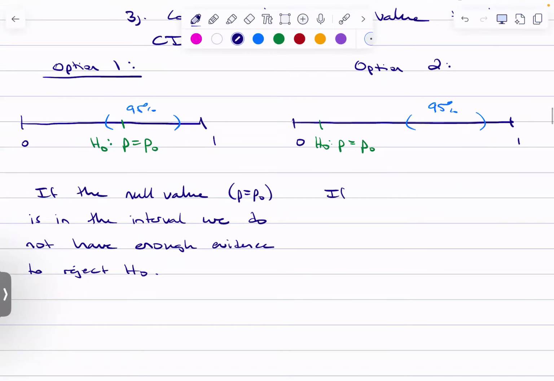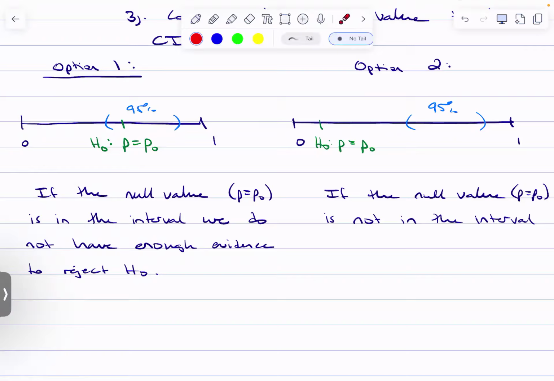Then we would say, okay, if the null value, which again is that P is equal to P naught, is not in the interval, you'll see why in a sec. So if it is in the interval, we do not have enough evidence. So if it's not in the interval, then we do have enough evidence to reject H naught.